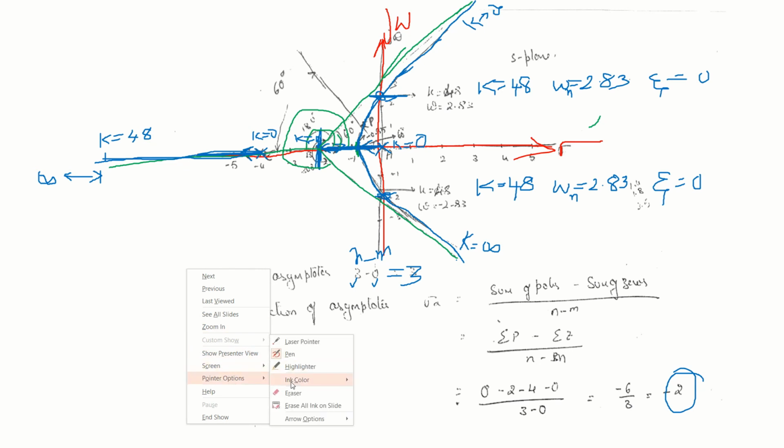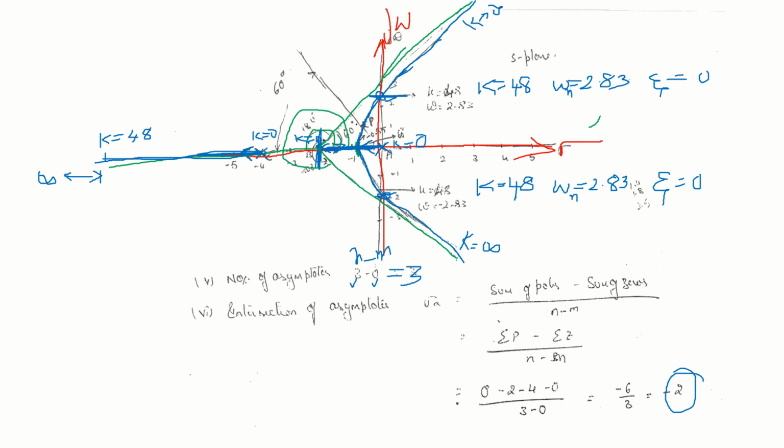Measure 60 degrees. Now draw a line. Okay, this is the zeta equal to 0.5 line.